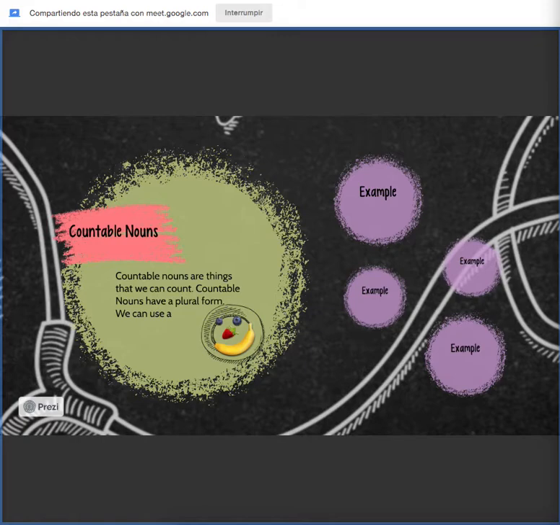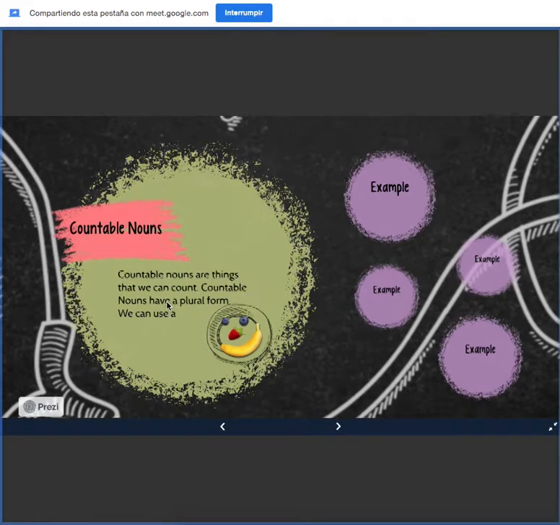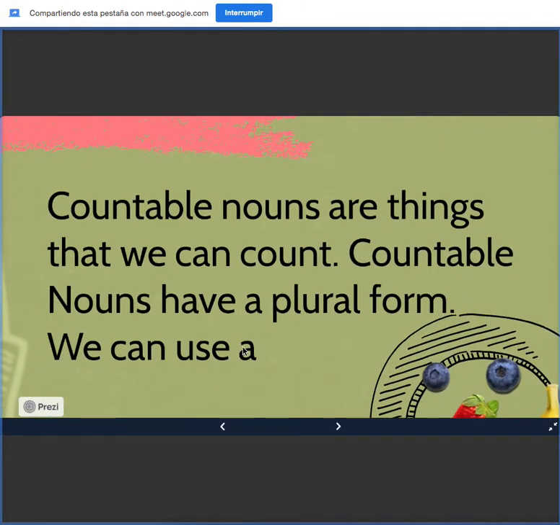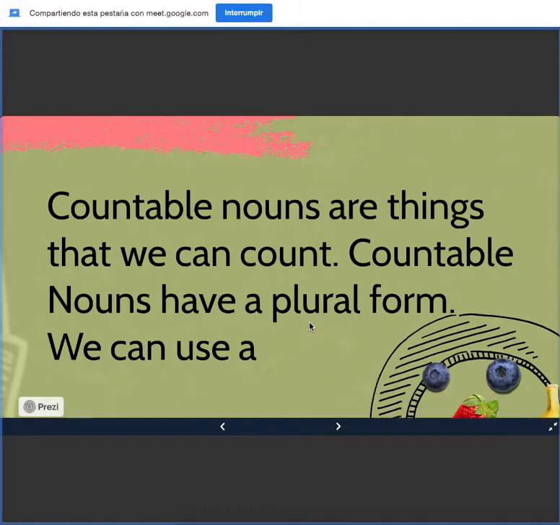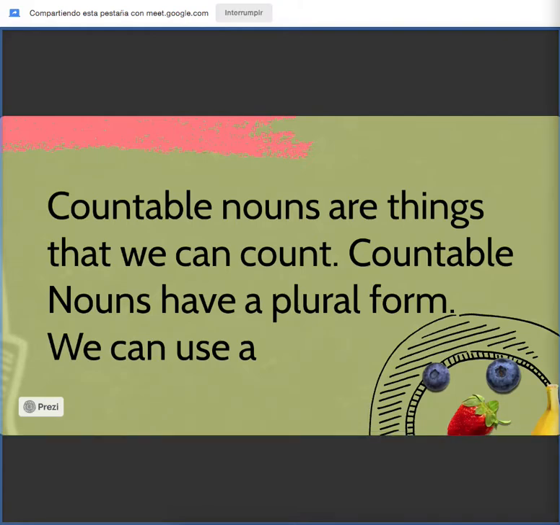Countable nouns have a plural form. We can use a. If I say we can use a, for example, a slice of bread, that is countable because I am counting slices.